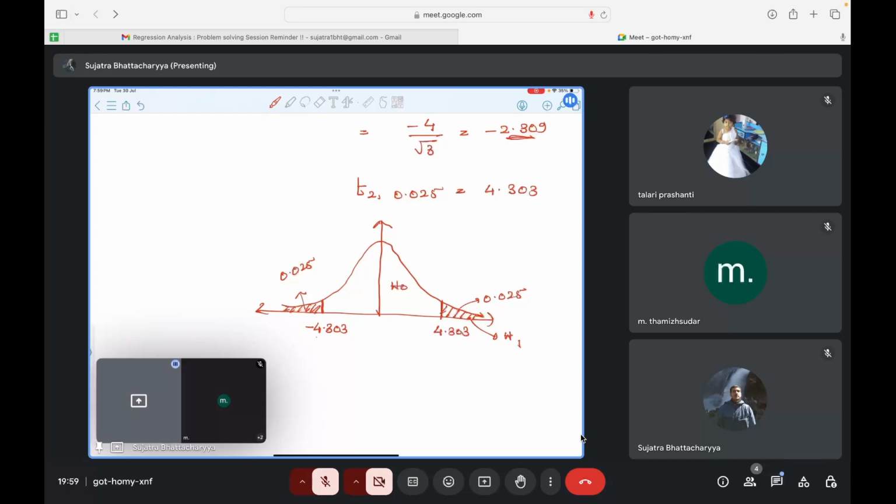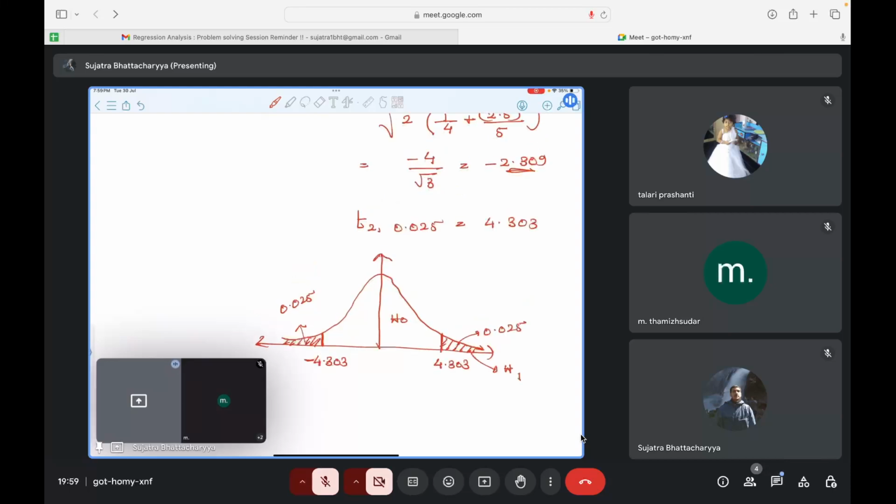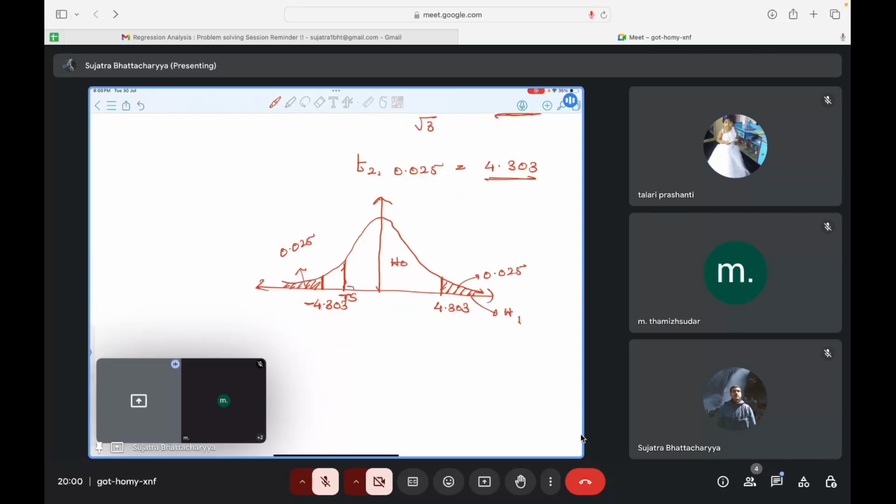Okay, the critical value is minus 4.303, whereas what you get is minus 2.309, which is here. Your test statistic is there, but the t value is 4.303. So it comes out that the test statistic lies in H naught. So you accept H naught at 5% significance.